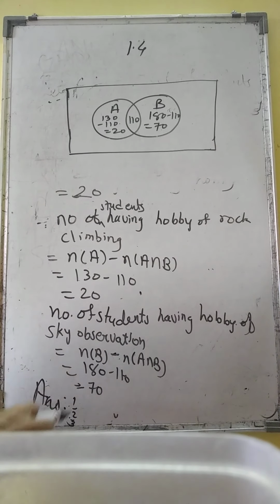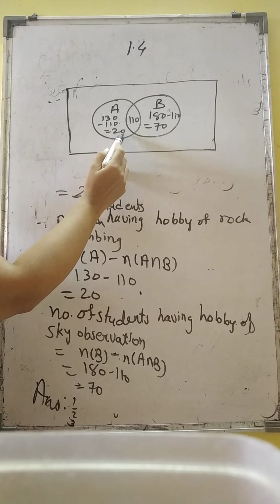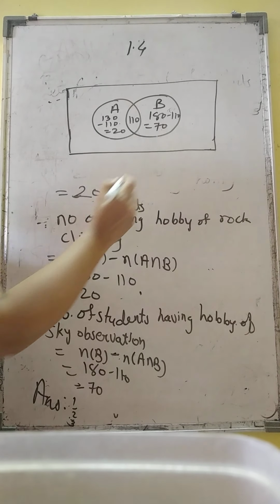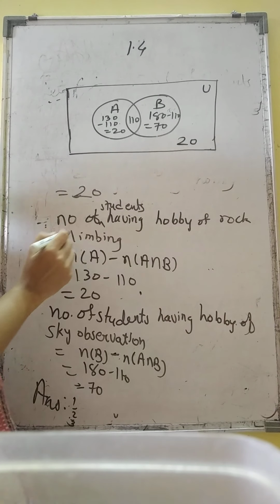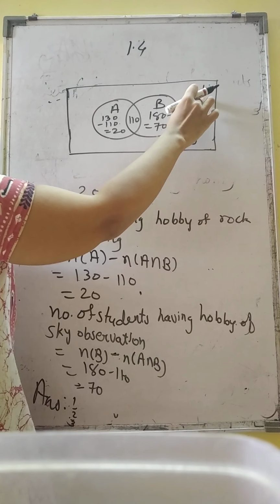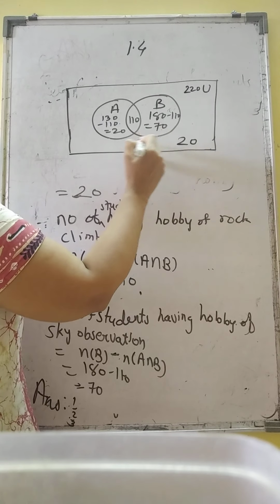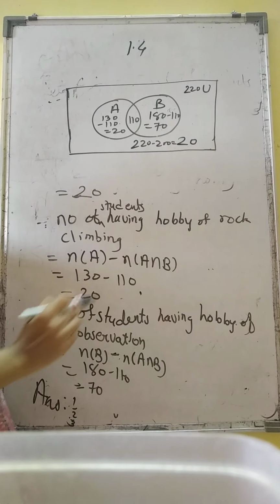Okay. So now 110 plus 20 plus 70 comes out to be 200. So there are 20 students who do not have any of these hobbies, as the universal set has 220 in total. So it will be 220 minus 200. Is it clear?